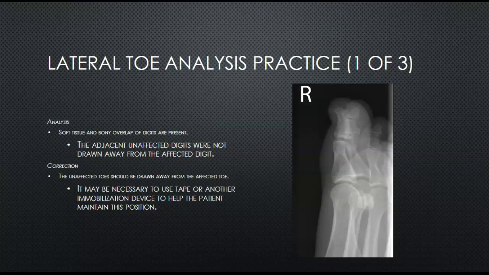In this first image analysis, the main anatomic misalignment is that there is a lot of soft tissue overlap here. So this is a demonstration where you may have to use tape or some type of immobilization device to remove those toes from overlap.